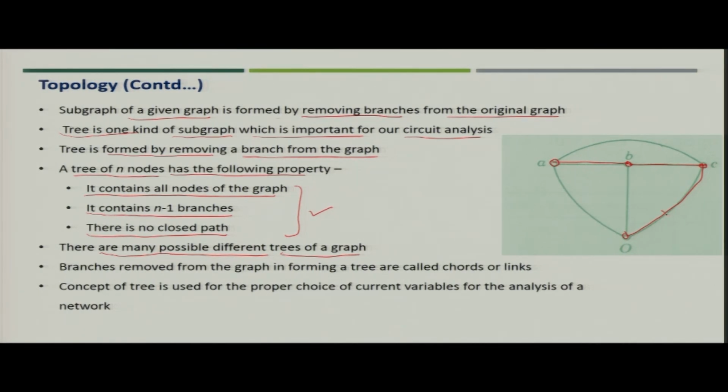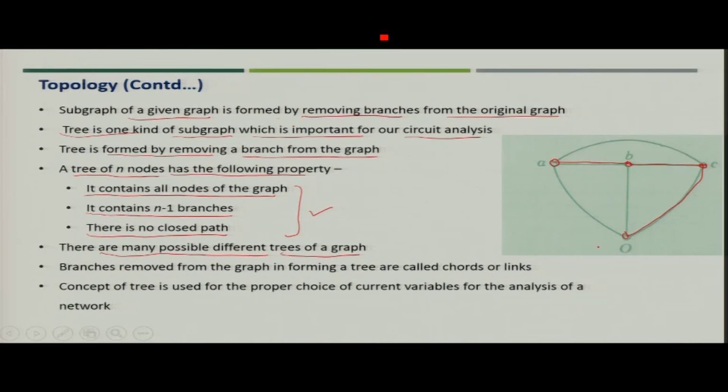In all the cases, there would be precisely 3 branches, because it will contain n minus 1 branches. So, for 4 nodes, it will always have 3 branches. If you connect more, then definitely you will have one closed loop, which is not allowed in this case. So, a tree will have precisely no closed path.